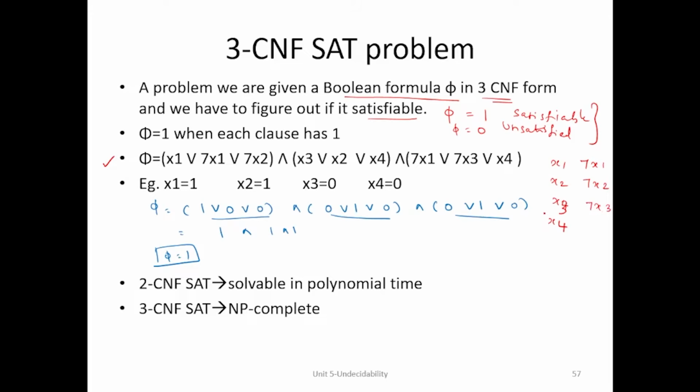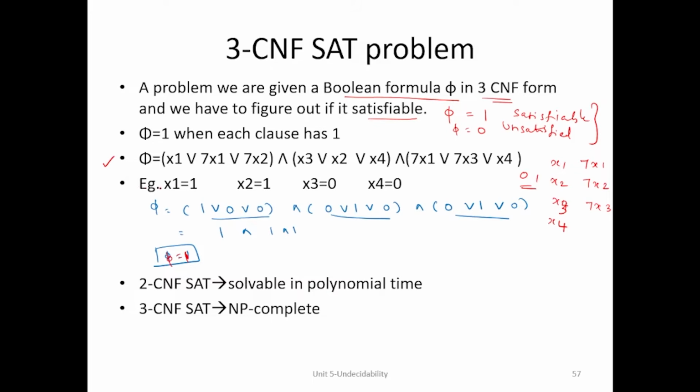These values are used for framing a 3 CNF formula. Here I want to check whether it is satisfiable. For the result to be 1, I change the values of x1, x2, x3, x4 to either 0 or 1 combinations. So I try all possible values, putting x1, x2, x3, x4 as either 0 or 1.